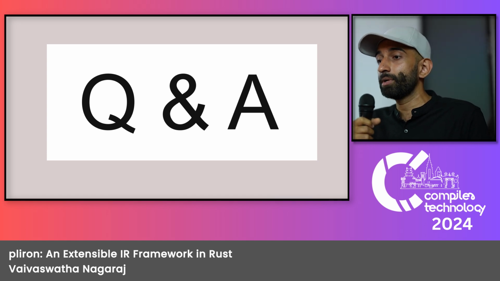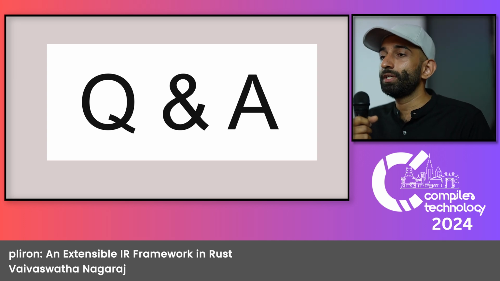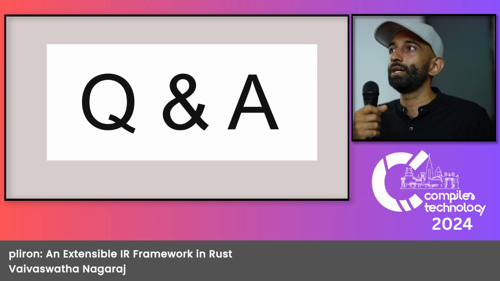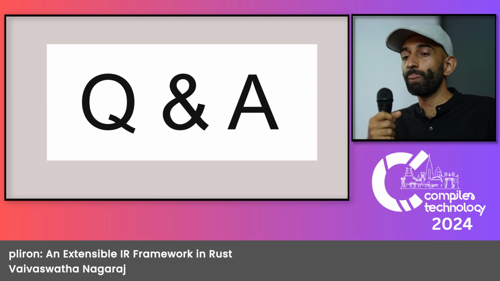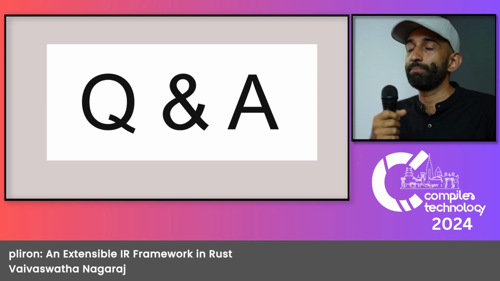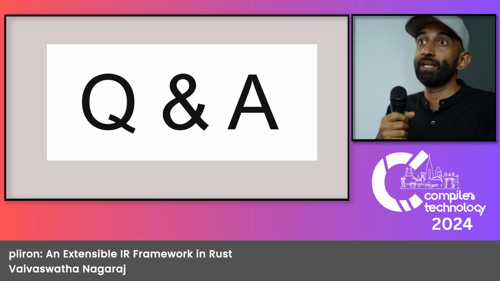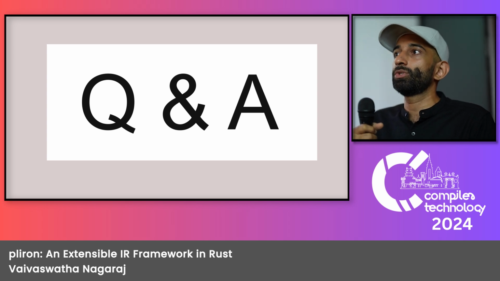Okay, I'll just give you a very small example. The get element pointer instruction has a function called getIndexedType, which computes the result pointer type. That function is not exposed in the C interface. It's there in the public C++ interface. When I created a PR for it, I was asked why I need this.